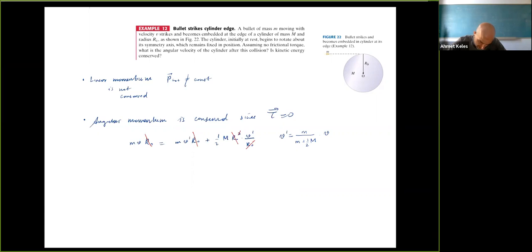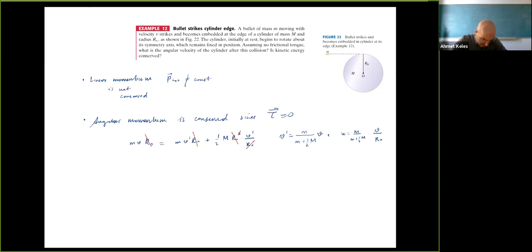Then omega is just this divided by r naught, so m over m plus 1/2 m times v over r naught. There's a comma in between.